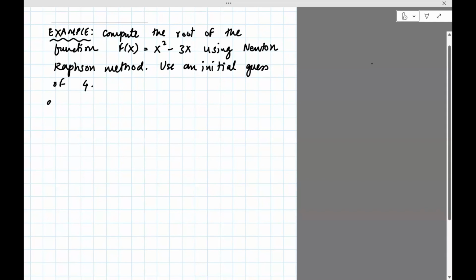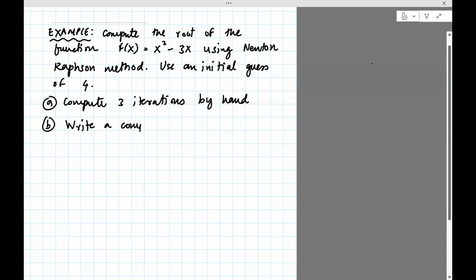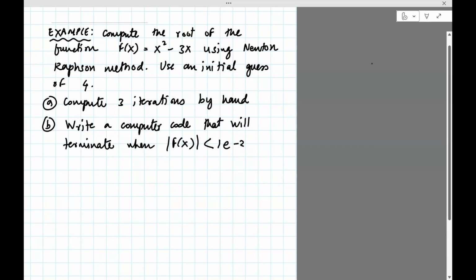Okay, so we'll say compute 3 iterations by hand, and then write a computer code that will terminate when f of x is less than 1e negative 3.